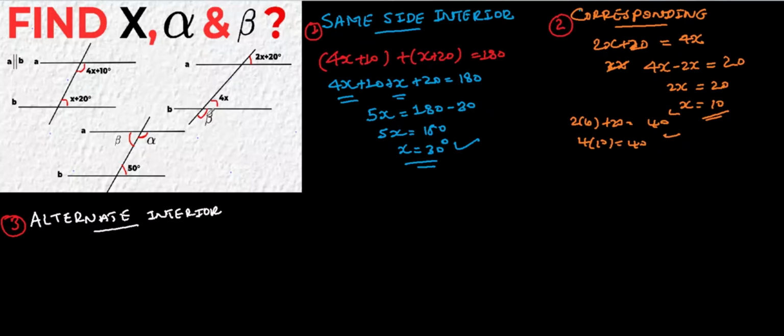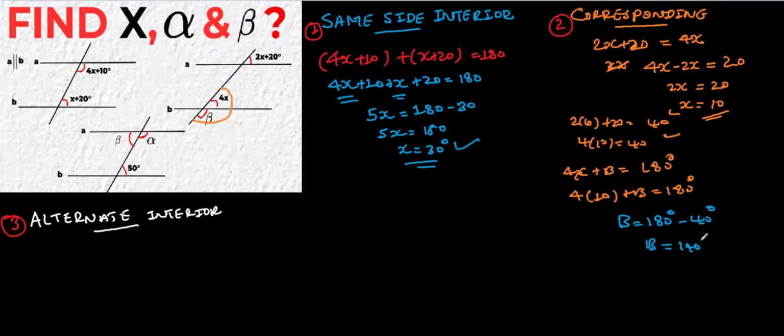Next, if you consider this angle, 4x plus beta must be 180 degrees. So 4 times 10, which is 40, plus beta is equal to 180 degrees. Then beta will be 180 minus 40, which is 140 degrees. So this is for the second one.